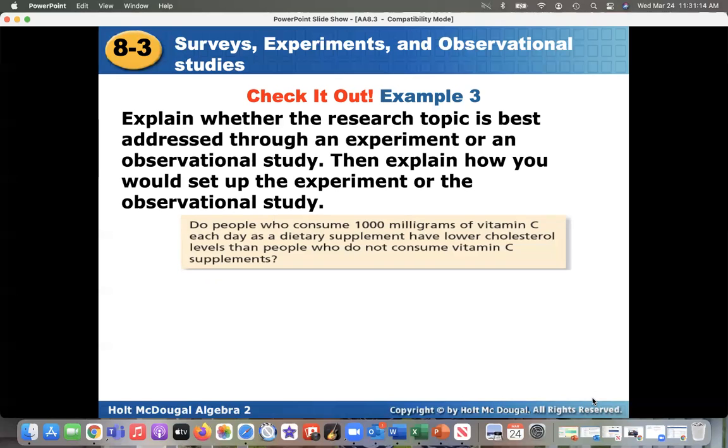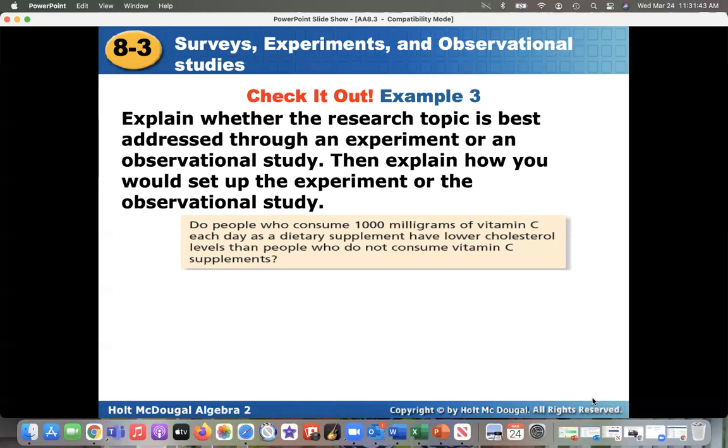Or what would we have to know before we decided? Whether they have any health conditions that could skew the results. Okay, yeah, I don't know that that's exactly what I was thinking we need to know. Would we have to know if taking that vitamin C could hurt or harm you? Do you think taking vitamin C is going to harm you? No, generally you think vitamin C is a good thing, and I think that's true.